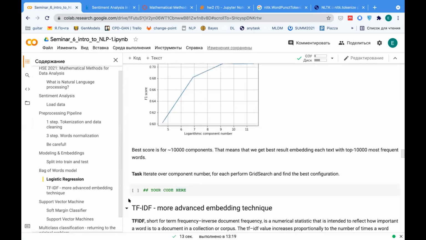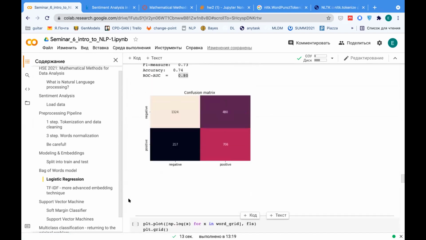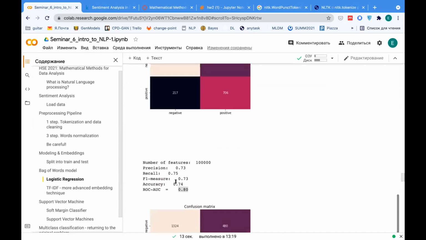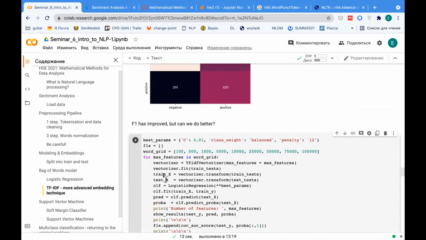So probably we had better results with count vectorizer. Probably it's because we just don't need to penalize our model much for frequent words. Probably they are markers for this text.